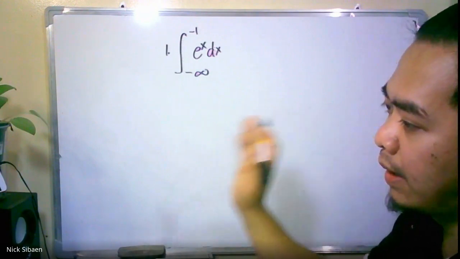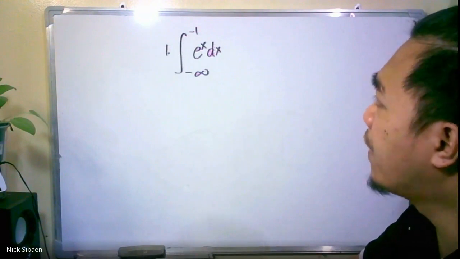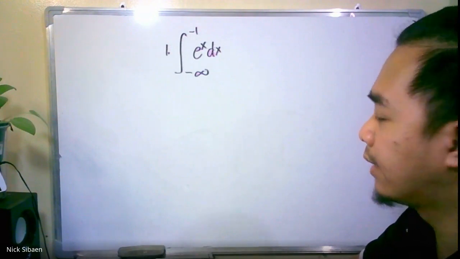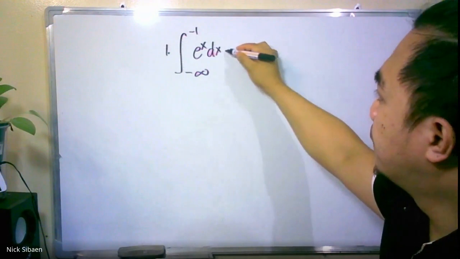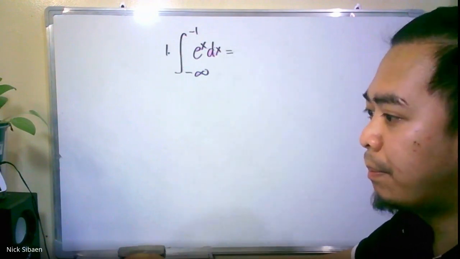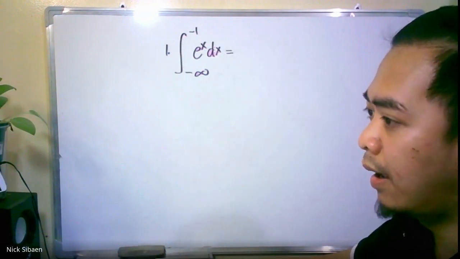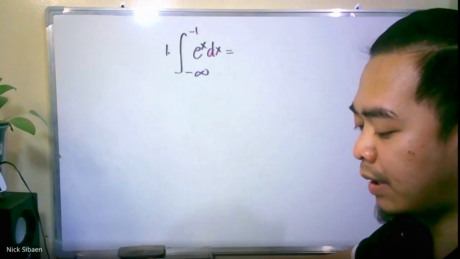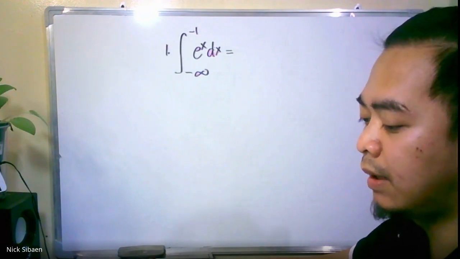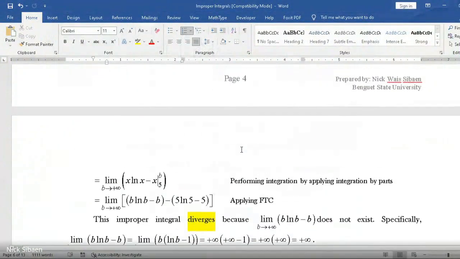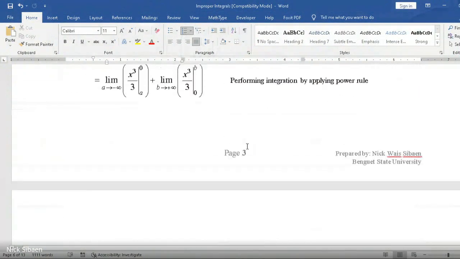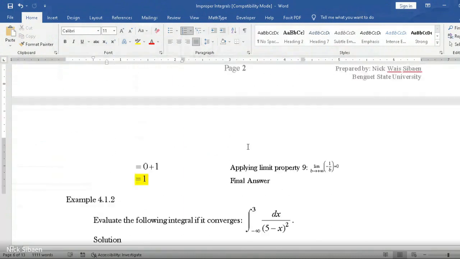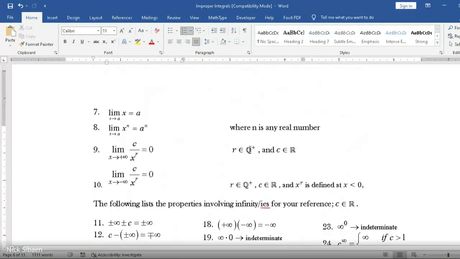So, pababa tayo. Our function is e to the x dx. So, we have to use what type of improper integral? That's type 1, the first type. Pero tatlo sila. Anong formula ang gagamitin natin? Balikan natin dito. So, lower limit yung infinity.